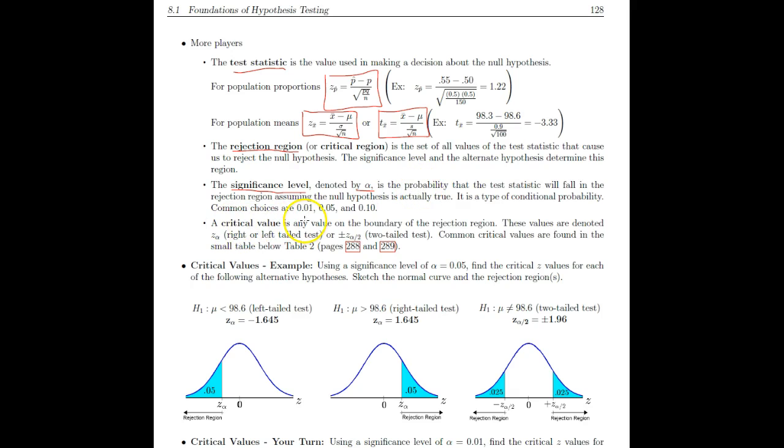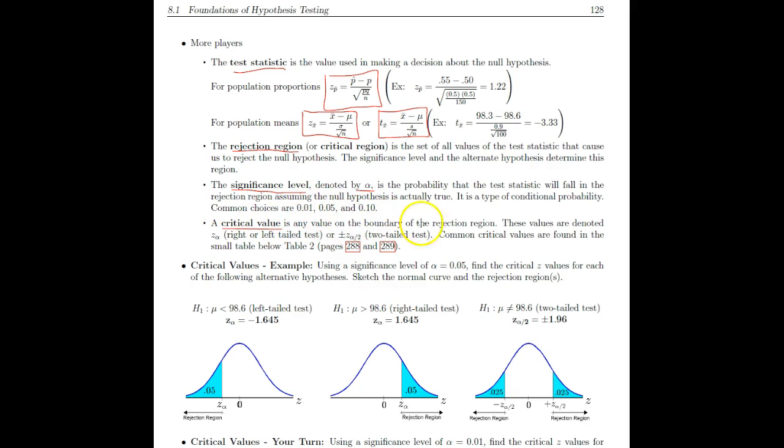And a critical value is any value on the boundary of the rejection region. Basically, it's just the value of that z-score or t value. It's the value of a z-score or t-score that would cut off a 0.01 or 0.05 or 0.10.